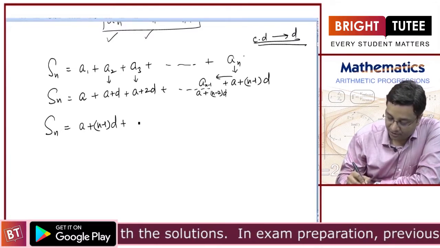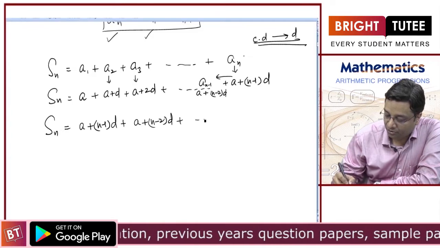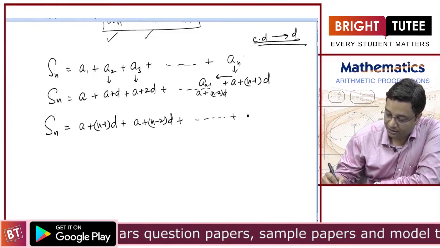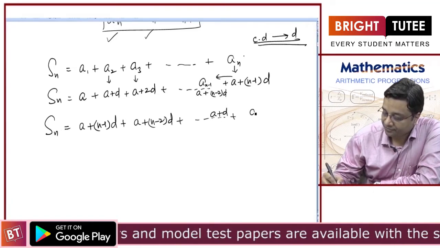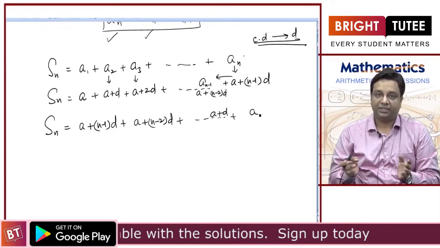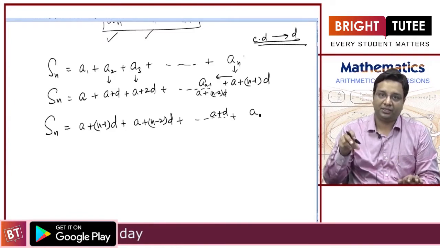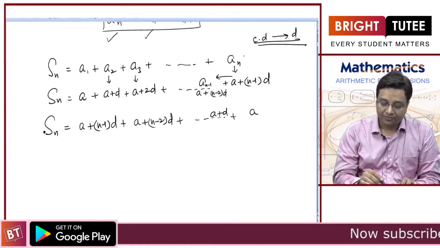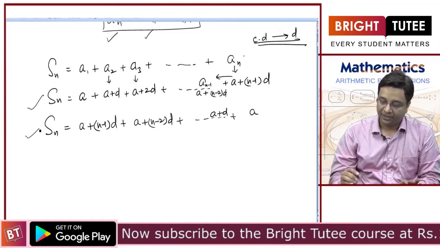So the next term will be a plus (n minus 2) into d and so on. In the end we will write a plus d and a, right? I have not changed this expression, I have just written it the other way round. I have just flipped this expression. So now this Sn and this Sn are the same thing, right?